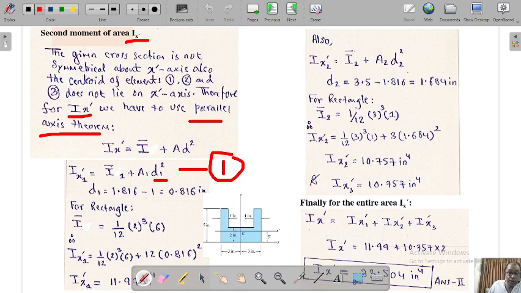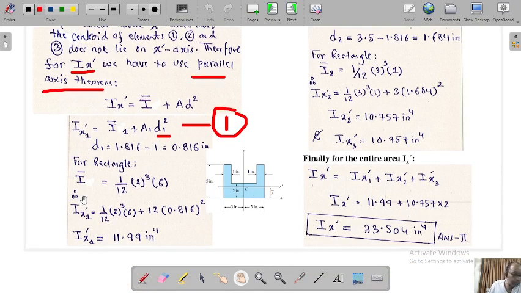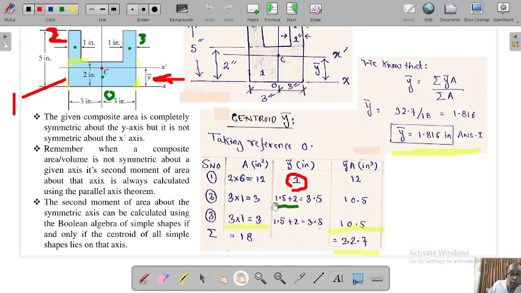Now once all these values are there, you can just put them in very easily over here. So Ix dash 1 of the rectangle about the centroid of the whole system will be equal to 1 by 12, 2 cubed into 6. Again, don't confuse: this is the centroid at the green point.